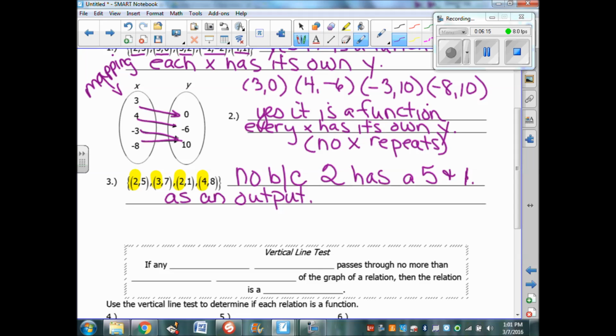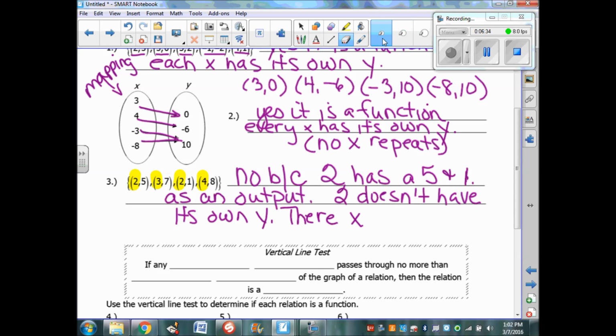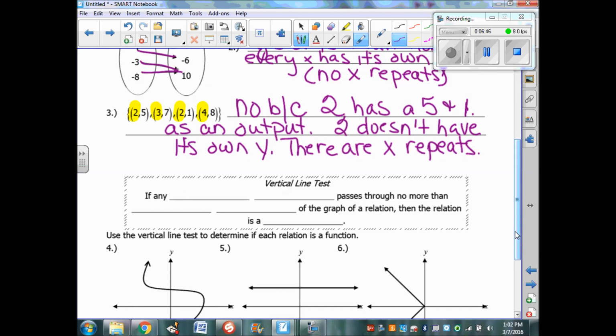So 2 doesn't have its own y. There are x repeats. I'm trying to say it in a variety of different ways for you to be able to understand it.